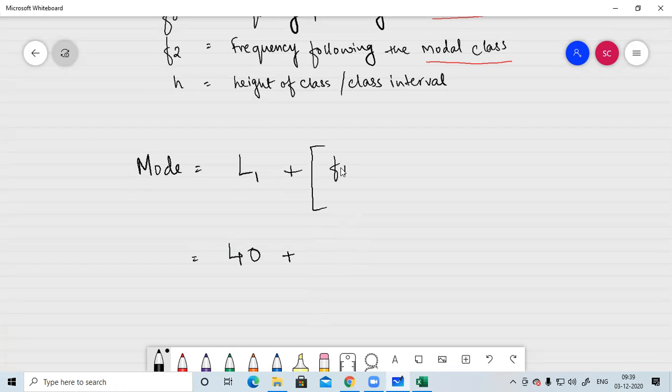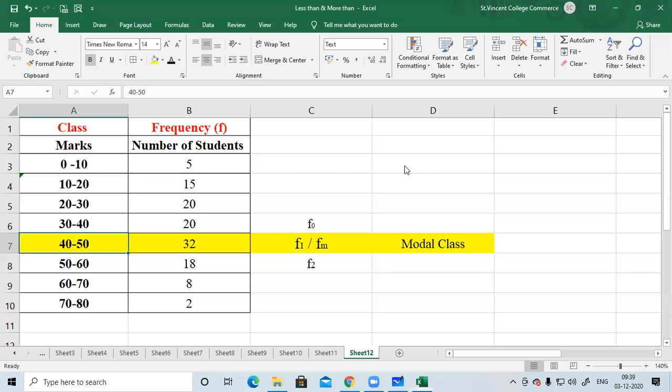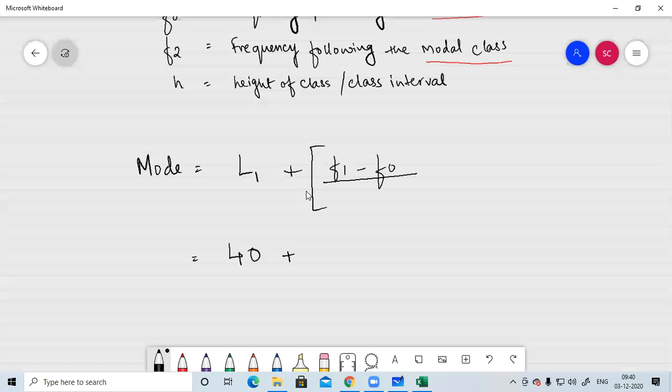F1 minus F0. So what is F1? 32. What is F0? 20. So 32 minus 20, divided by 2 F1. So we have F1 as 32 already written.